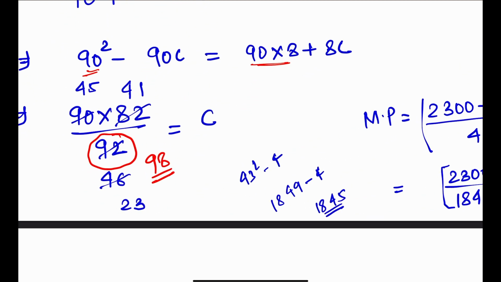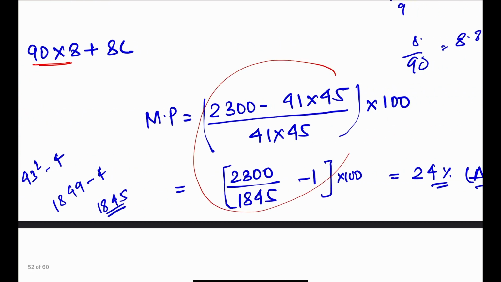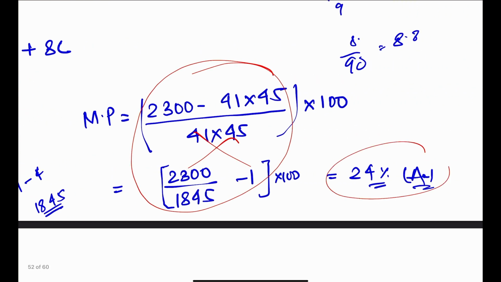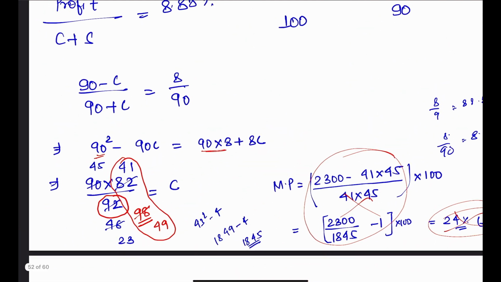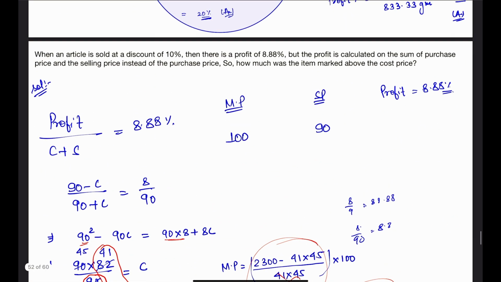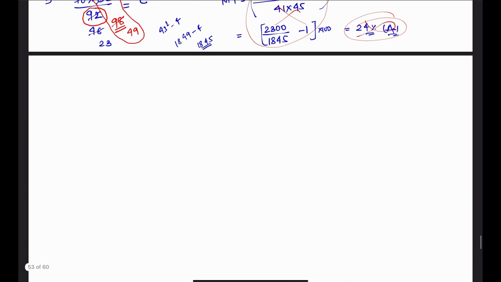So if it is 98, it will be divided by 49, and then 49 is not even divisible by 82, right? So there is the mistake, which will lead to a mistake here also, which is why this is also a wrong answer. So this question I did solve wrongly.